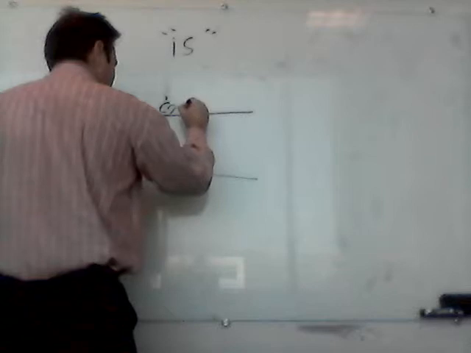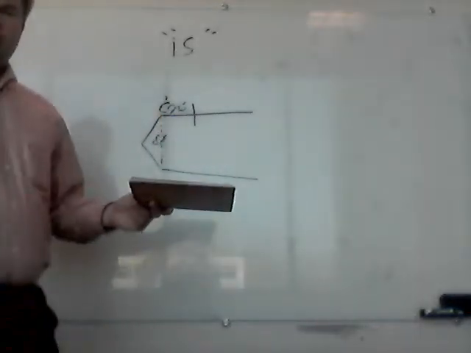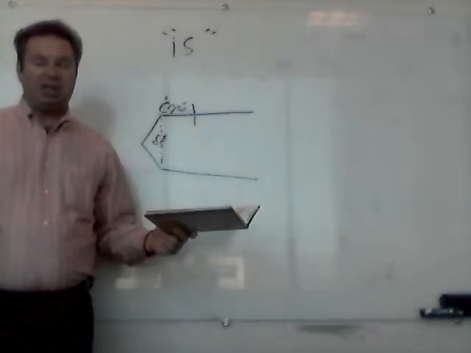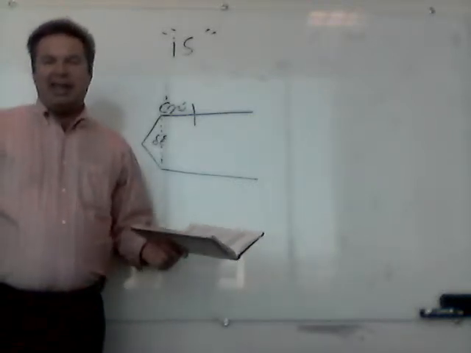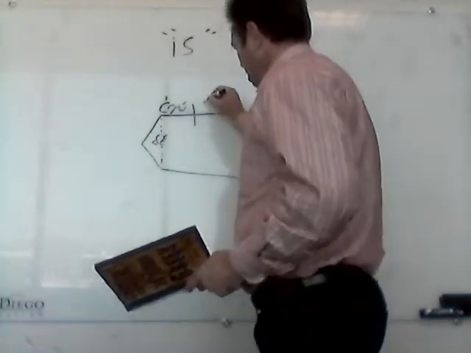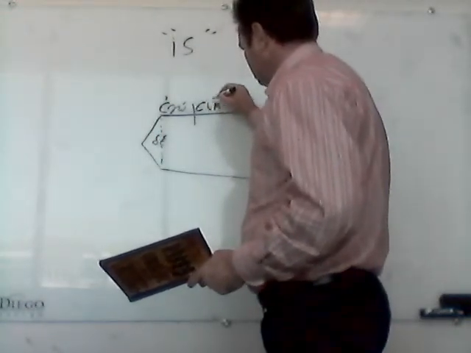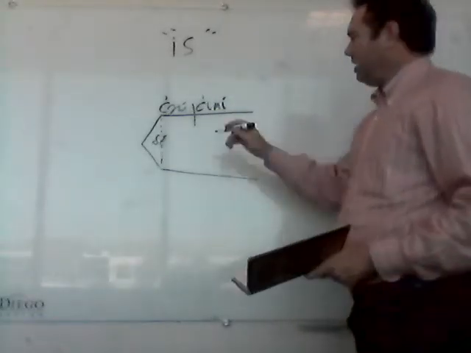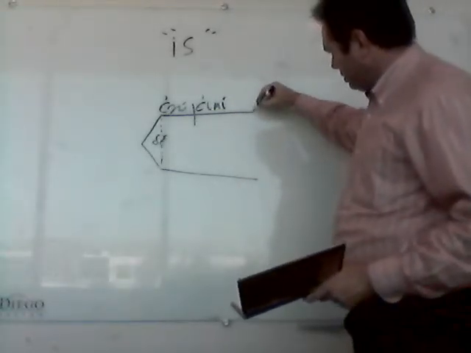For a mnemonic device on this one, now sometimes, of course, the personal pronoun can be built into the verb, but sometimes it's stated for emphasis. The word ego comes from ego. The word eimi means I am, so ego eimi is I am.